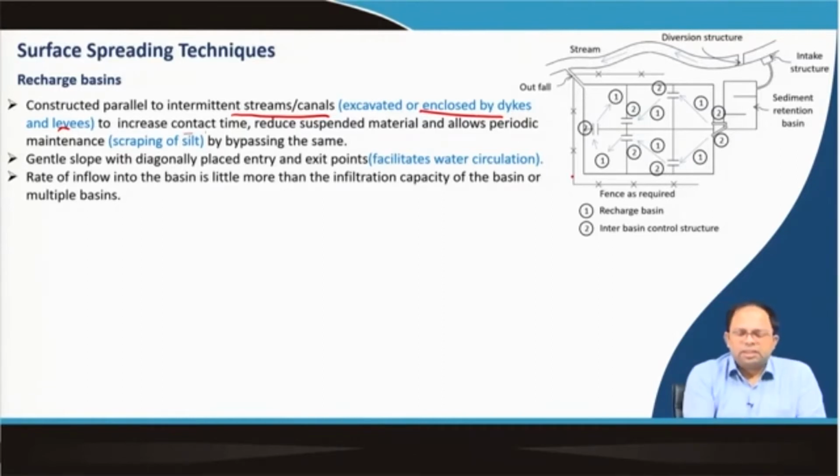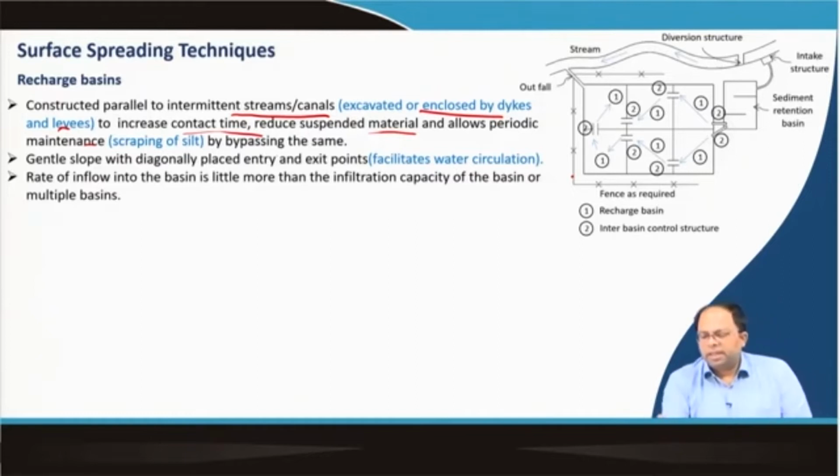That increases the contact time, reduces suspended material, and allows periodic maintenance by scraping of silt by bypassing the flow. You see this is the water body, this is the stream that we are talking about. This is the point where we intake the water. We take the water from this point of the river, and the first thing is we take the water through a sediment retention basin.